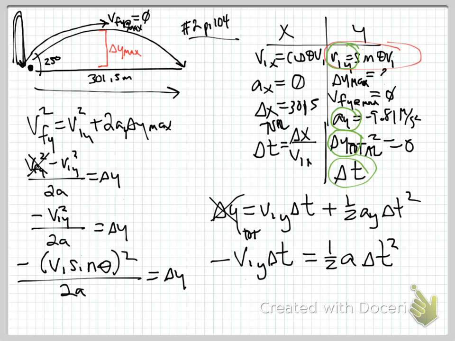Well, if we continue to plug in the expression for VIY, what do we have there? Negative of VI times sine theta times delta t equals 1/2 a delta t squared.